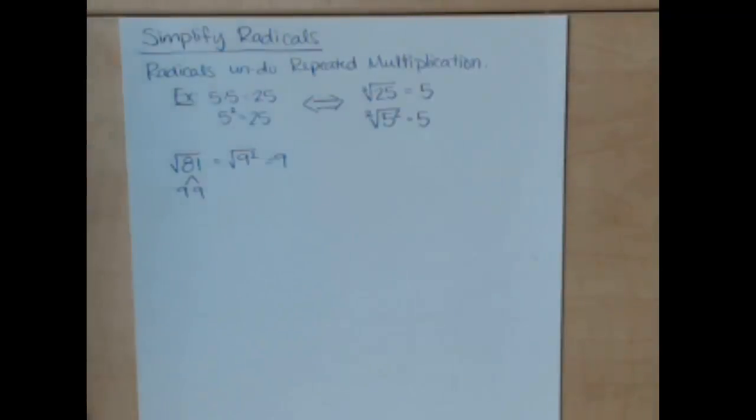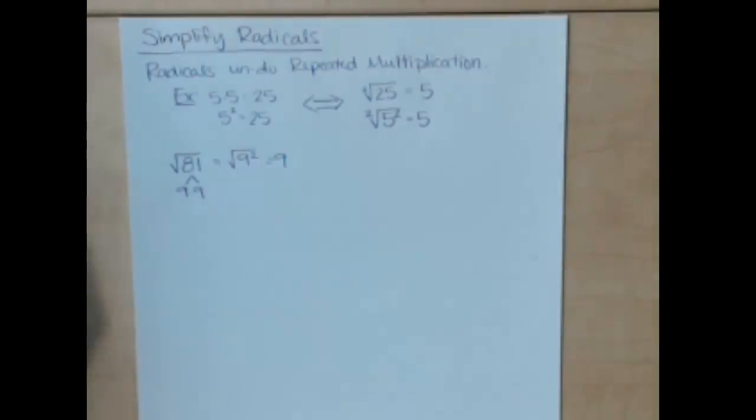All right. So one way to think about it, and this is how they're probably going to describe it on Knewton, is in this sense right here, where we want to write the number under the radical as something squared, or find factors that are squared, because then we know if we have a square under a square root, we can bring that factor out. The way that I'm going to describe it is a little bit different, hopefully helpful.